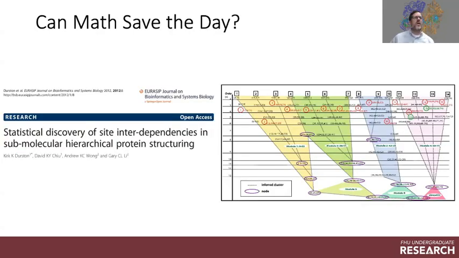A few years ago, I met at a conference Dr. Kirk Durston, who presented on this work that he did a few years back on studying interdependencies within a protein sequence.